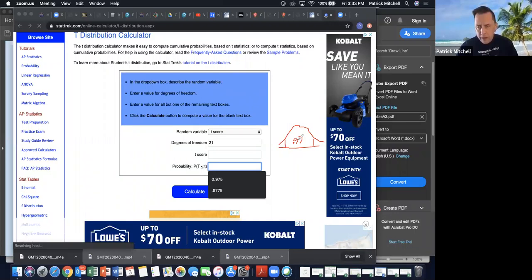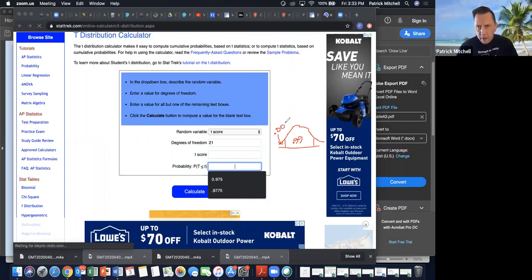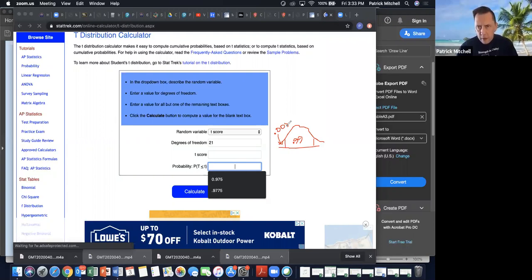And in the lower tail, we have 0.005. The t-score that I'm looking for is going to sit right here.